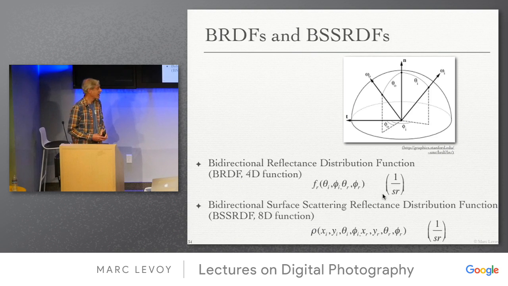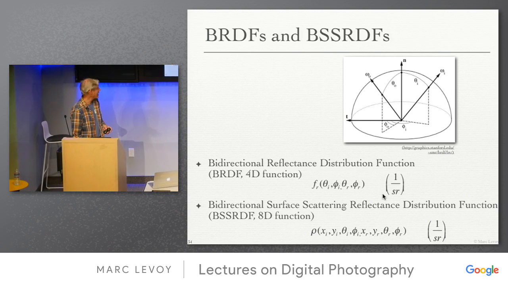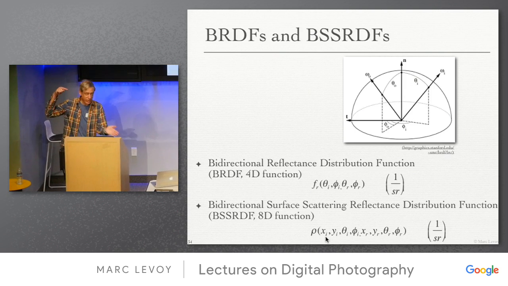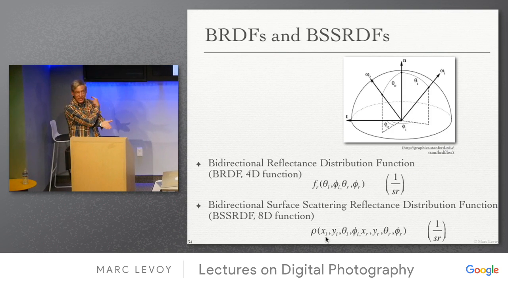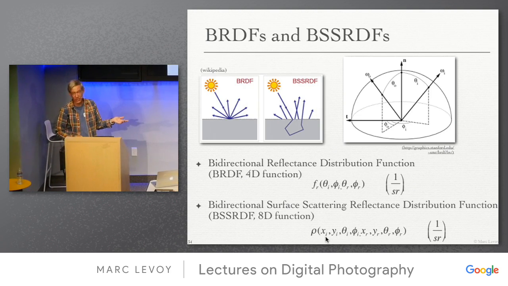So two obvious variables to add are position. And then we need to actually add 4 variables and talk about the incoming point. So light strikes a surface at this point and leaves at a different point. And so that is what happens in subsurface scattering.